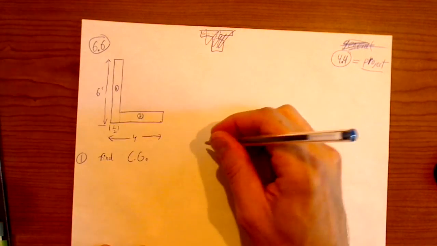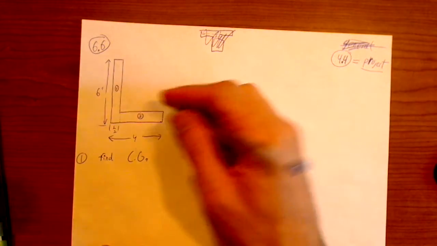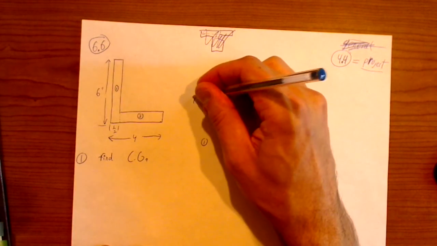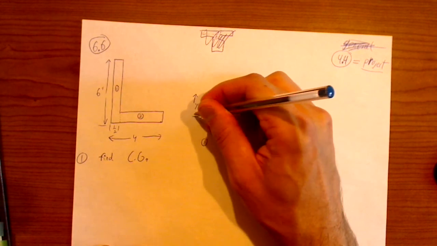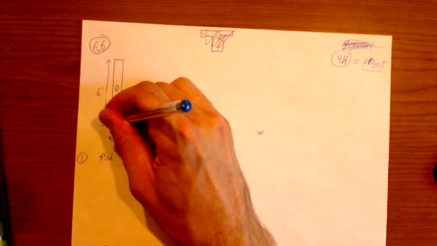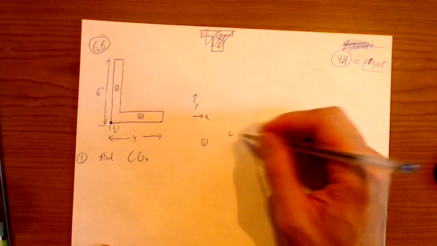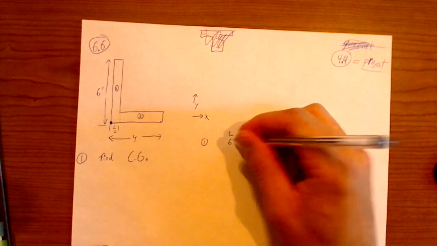So, shape 1. The length, width, we'll call length the y direction, width in the x direction. And we'll call this our origin right here. This is important, in this corner. So length is 6 inches.